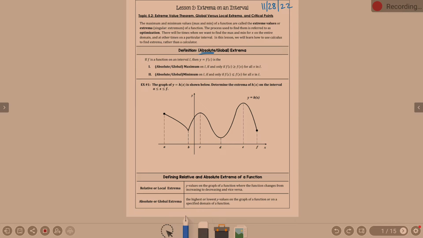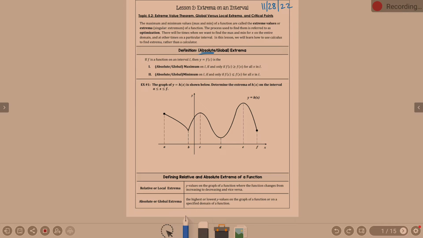But absolute or global extrema is the absolute max, the highest point, or absolute min, the lowest point in the entire graph. So nothing else goes any higher or any lower than that absolute max or min.